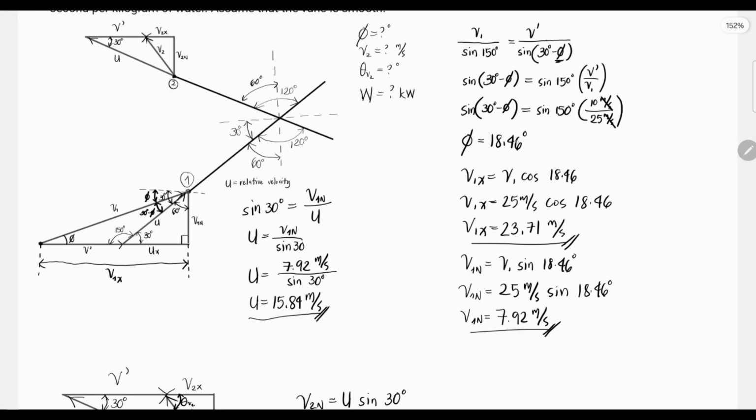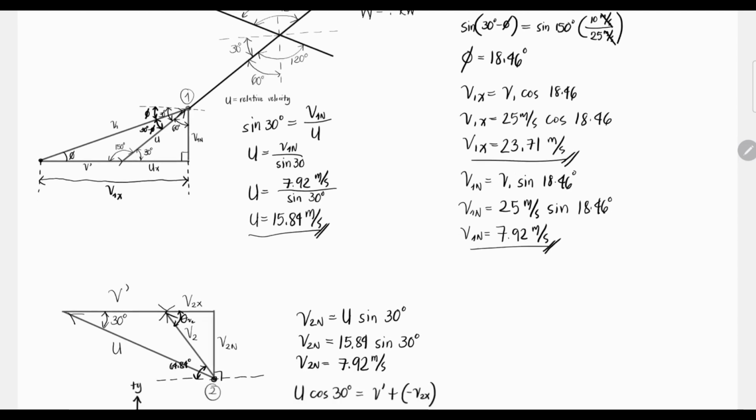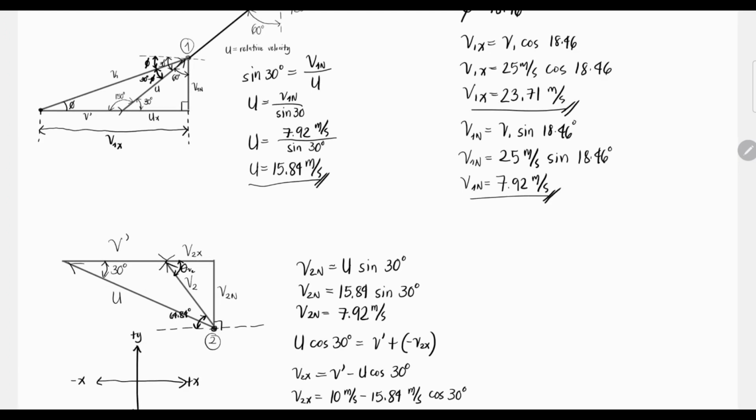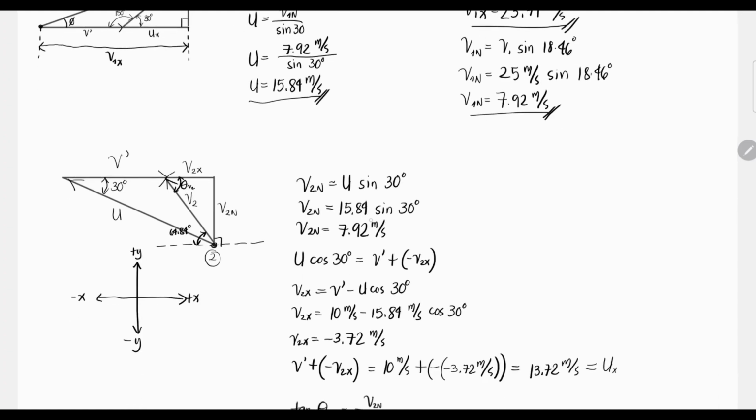And then, nung na-solve natin, we computed for the V1x and then V1n. After nun, ay sinolve din natin yung relative velocity. Where yung relative velocity natin is also equal sa relative velocity at point 2.